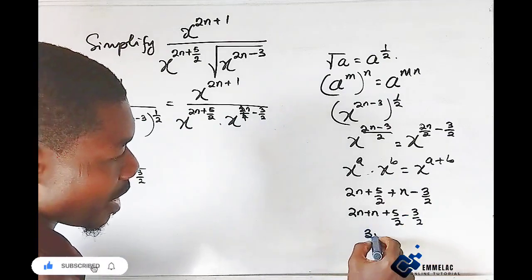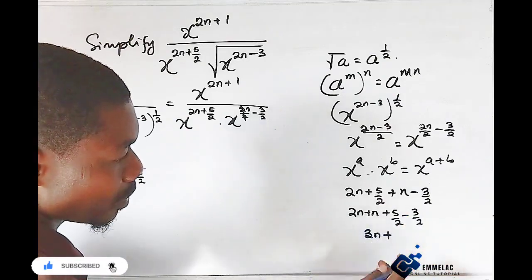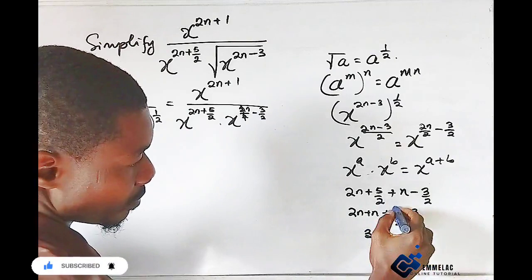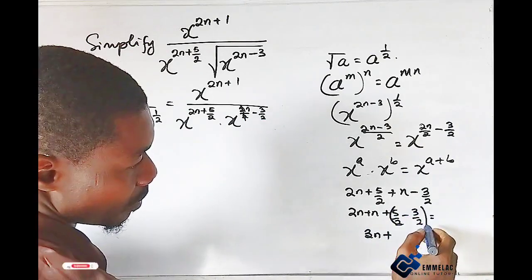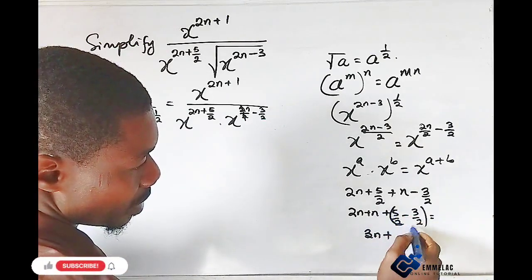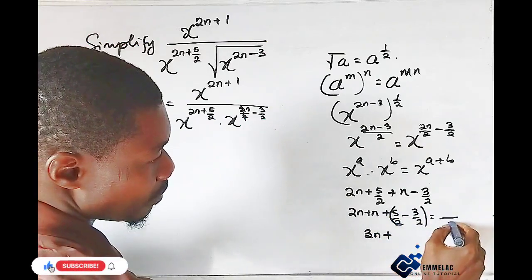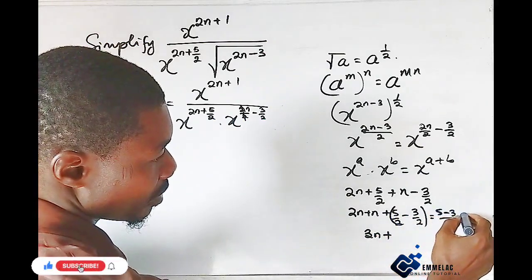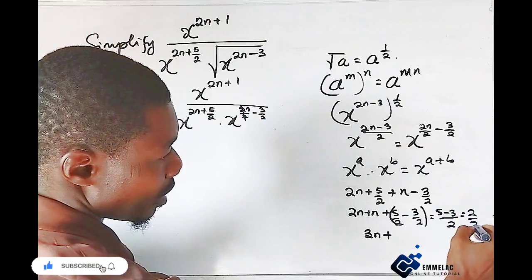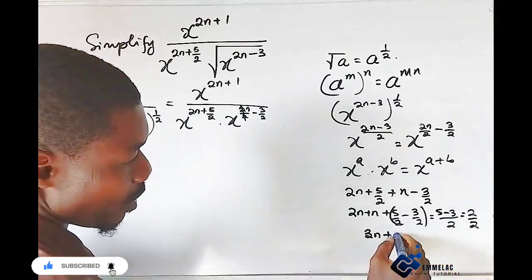This gives us 3n, then plus, since it has a common denominator 2, we have 5 minus 3, which gives 2 all over 2, which gives 1. So here you have 1.